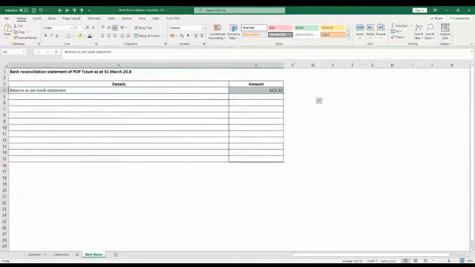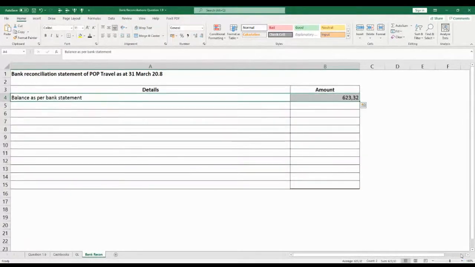Because it's a credit balance on the bank statement, we know it's a favorable balance, so that's why it's positive on here. So that is 4 things you can do right off the bat without worrying about the fact that you haven't done anything else.